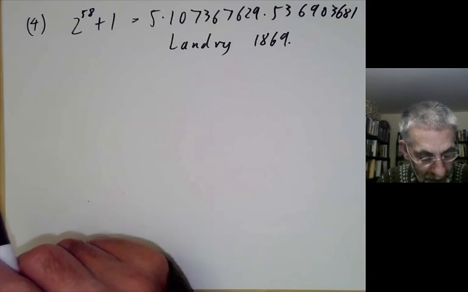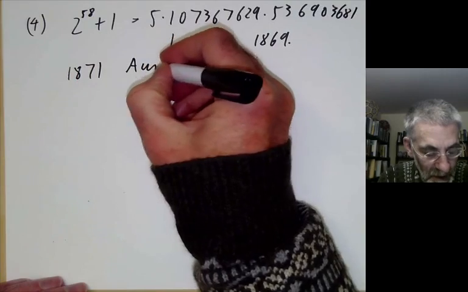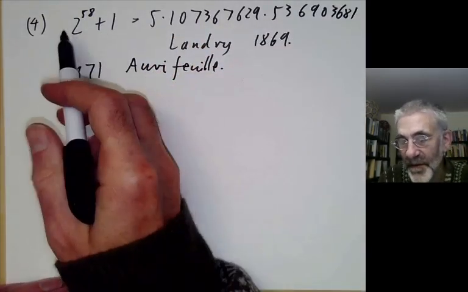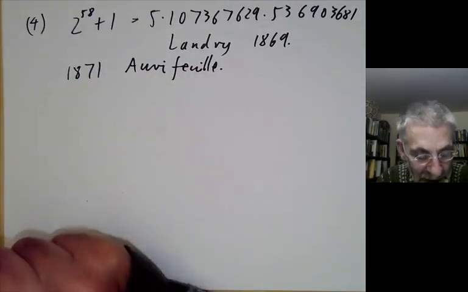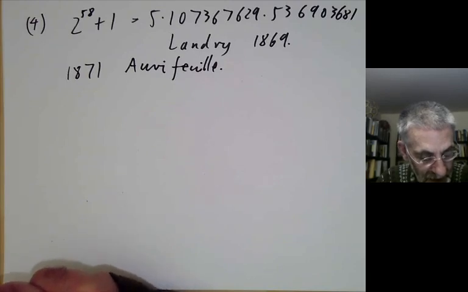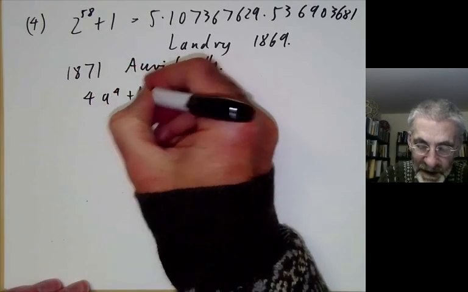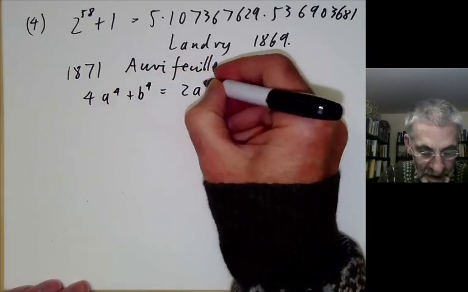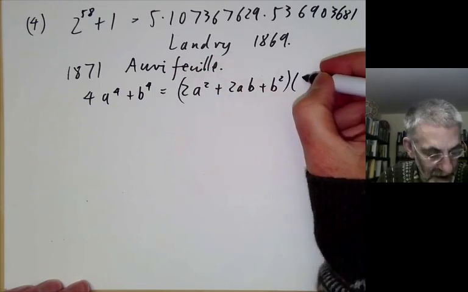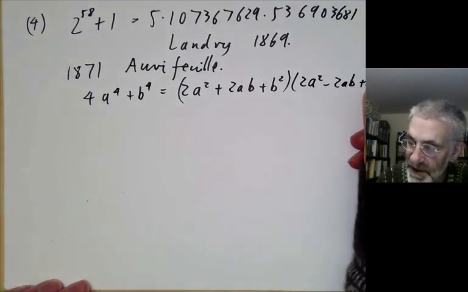Well, he must have been a bit disappointed when in 1871 Aurifeuillé pointed out that you can find this factorization in about 10 seconds by using the fact that 4a to the 4 plus b to the 4 unexpectedly factorizes as 2a squared plus 2ab plus b squared times 2a squared minus 2ab plus b squared.